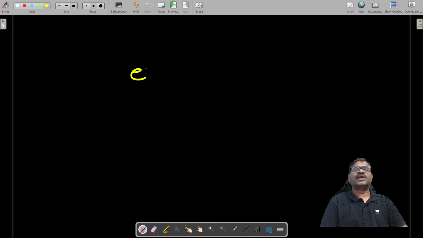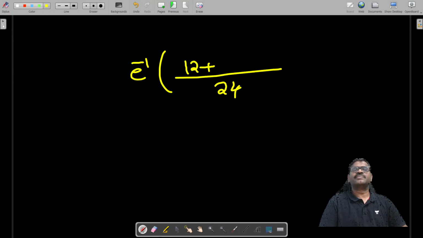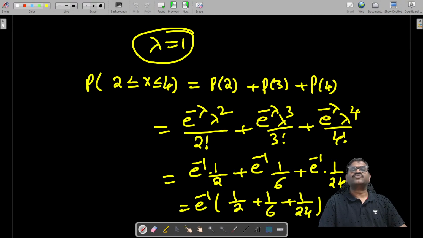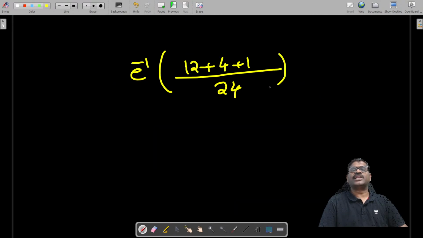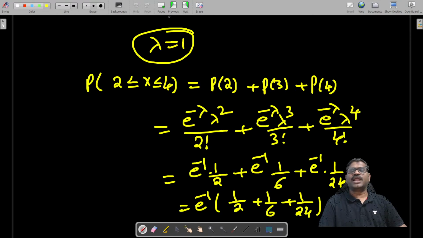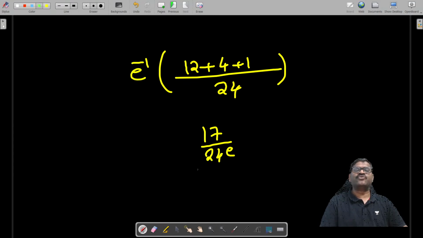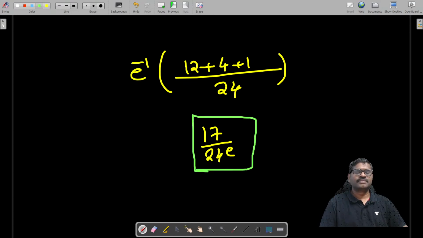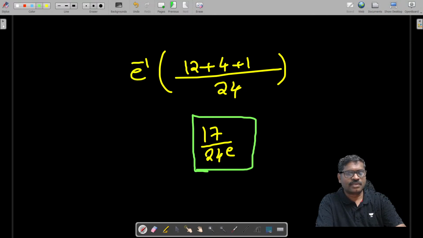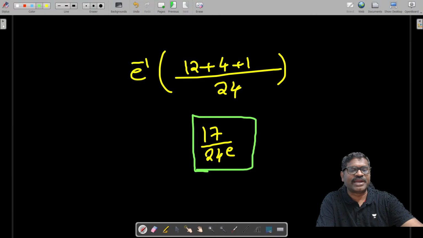Taking LCM 24, 12 plus 4 plus 1, so 17 by 24e. Answer is 17 by 24e. Understood?